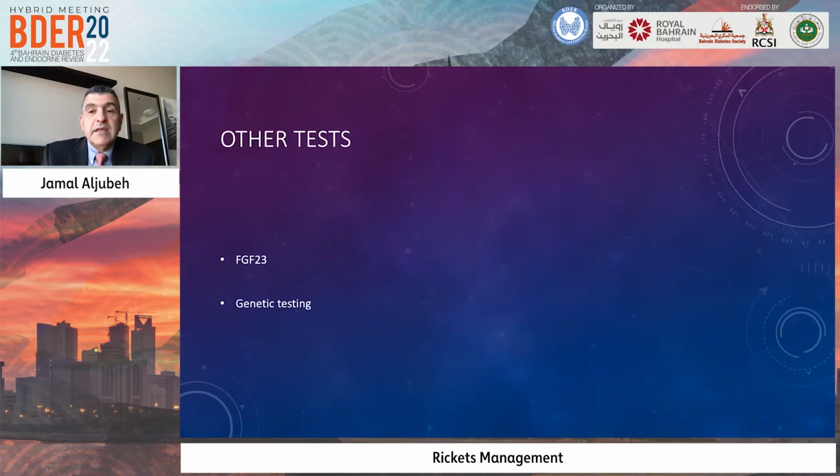In phosphopenic rickets, one might consider measurement of FGF23, fibroblast growth factor 23, which can be elevated in conditions like XLH.